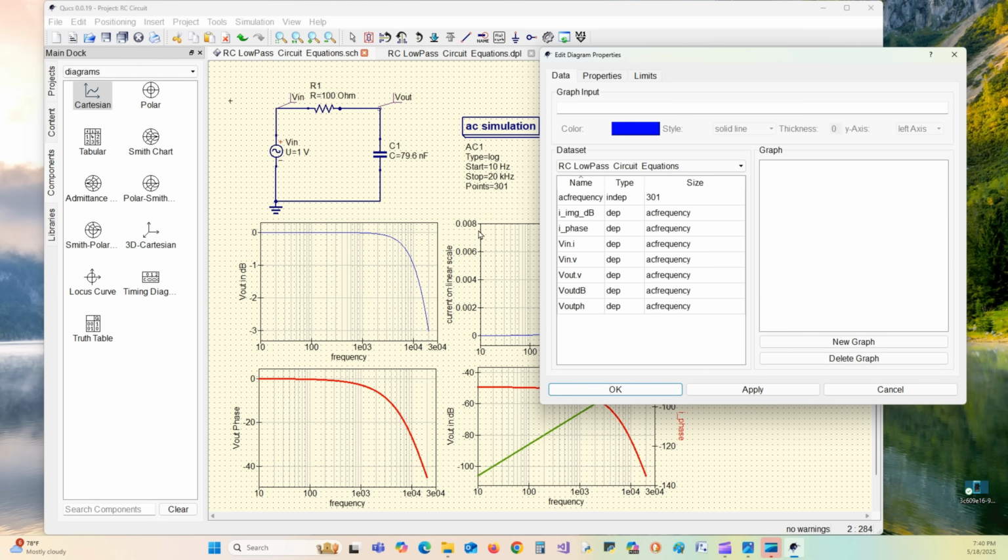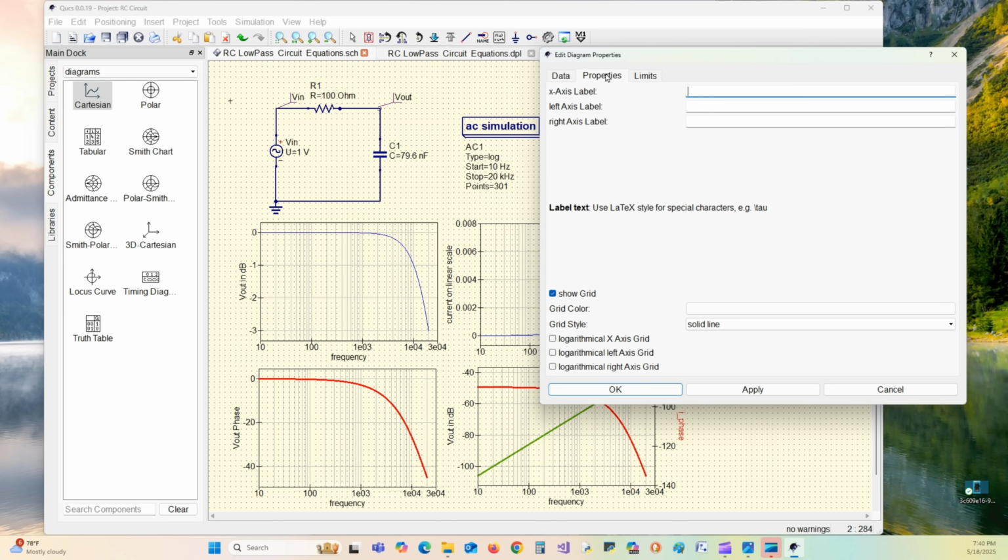This is in that table we exported. So our first one we want to do is the voltage out in dB. So we do voltage out. We're going to have a red colored trace. We're going to change our properties. The x-axis is frequency.